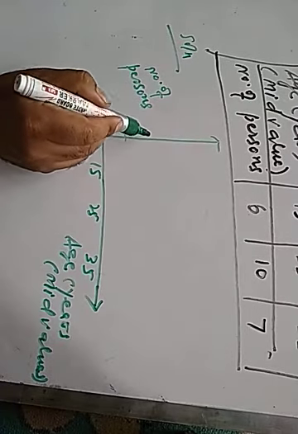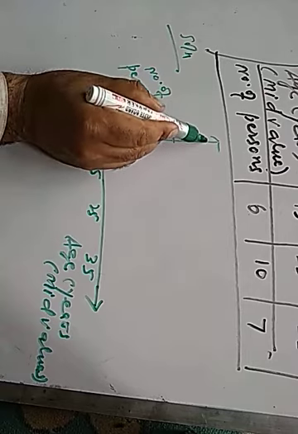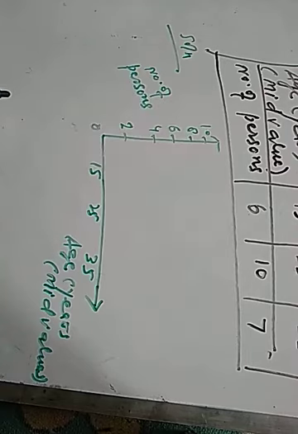I will start from 2, 4, 6, 8 and 10. Now I have to draw a frequency polygon.